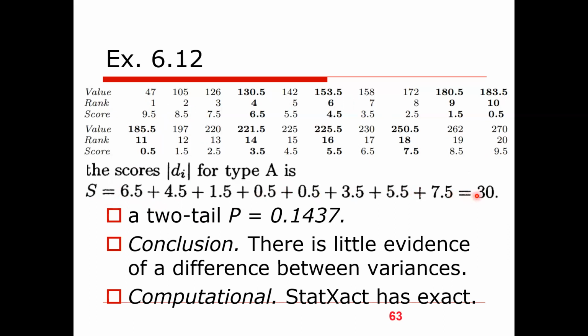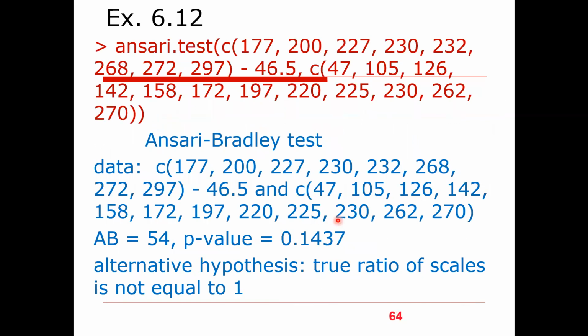Given this S, we can perform the test and it will give us the p-value. So using R, there is a function especially for the AB test, ansari.test. And in this test, we don't need to manually assign the DI, the score, to the observations. We just need to input the two original sample measurements, but remember to subtract the difference between their medians manually like this.